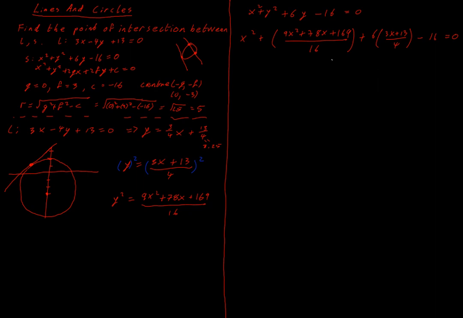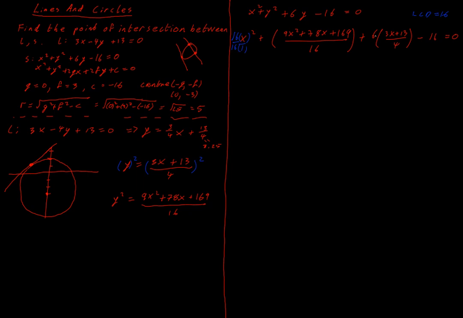Now I need to turn this into something a little bit nicer to deal with. So what do I need to do? I want to get rid of these fractions. Fractions in equations are always a heartache. So what's my lowest common denominator? It's going to be 16, so I need to get everything over 16. So I multiply here by 16 over 16, because this is over 1.